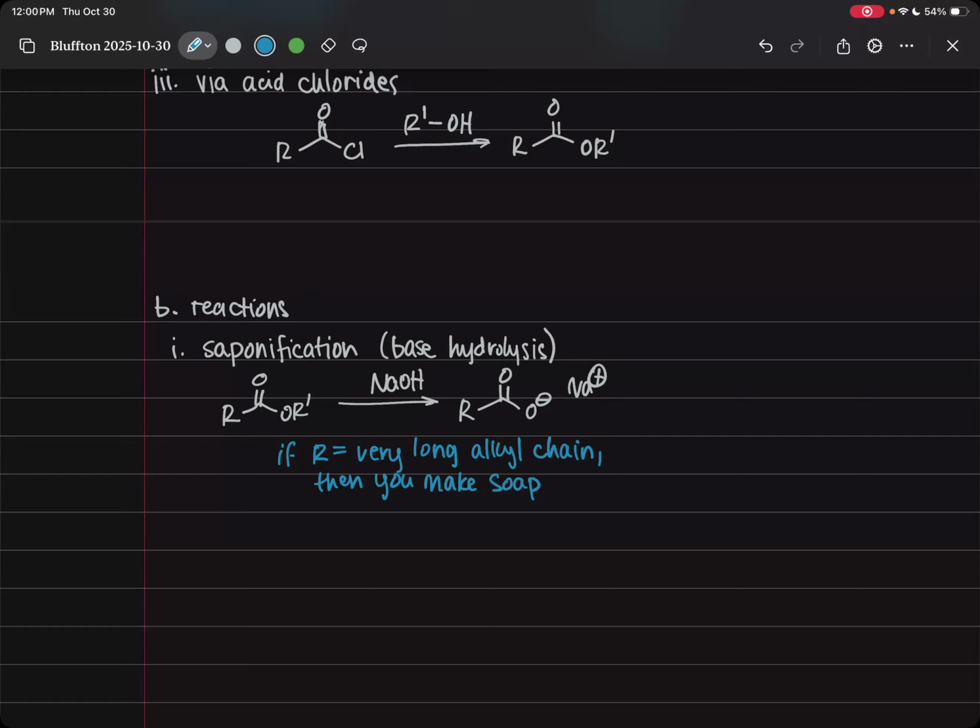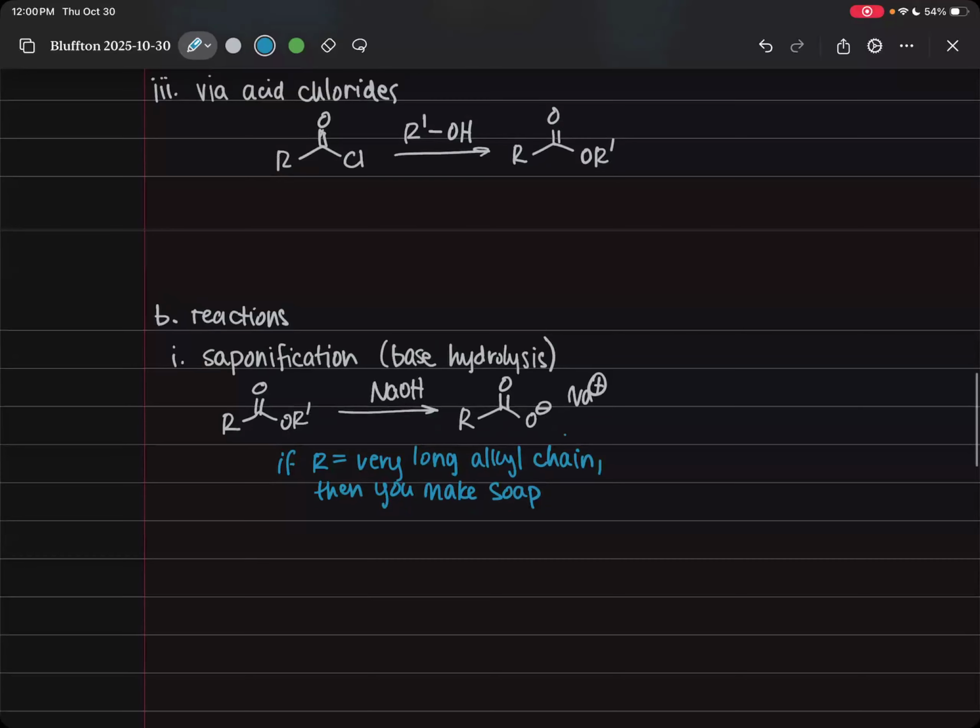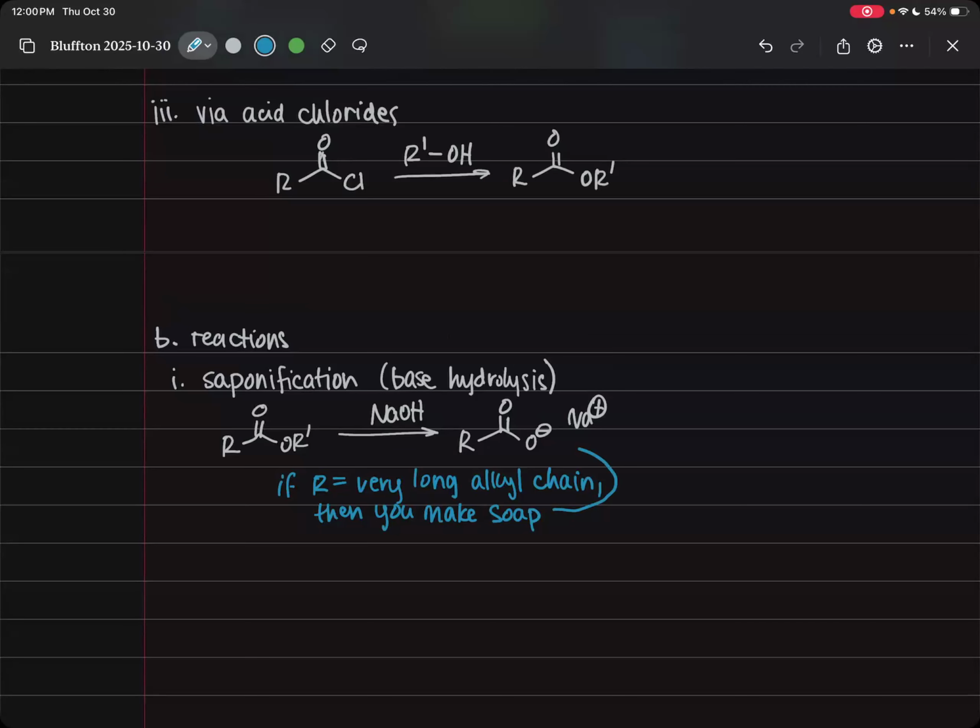So if R is just a giant chain of carbon atoms, like 20 or so, you do this reaction, then this sodium carboxylate is soap.